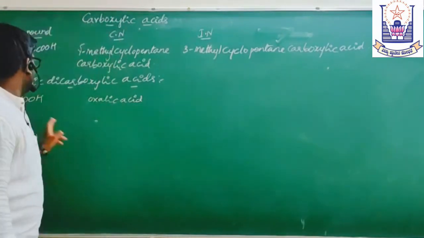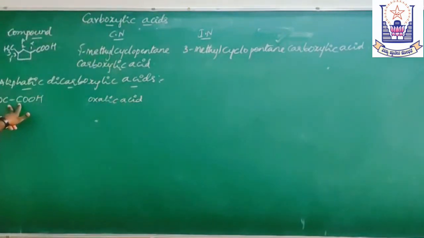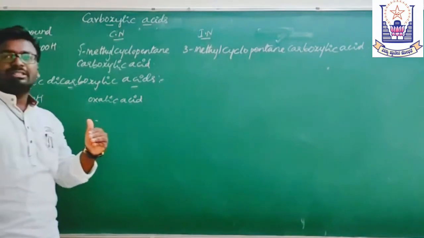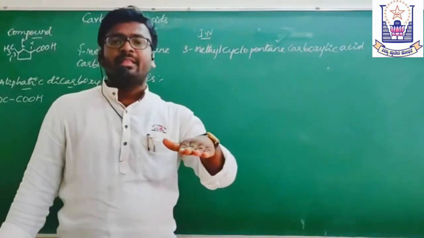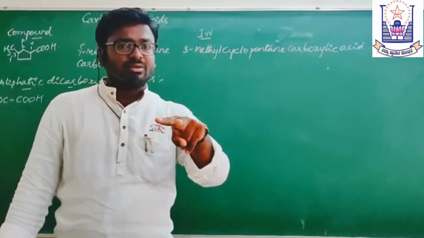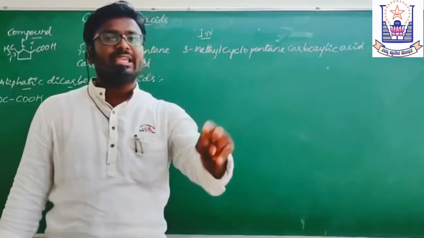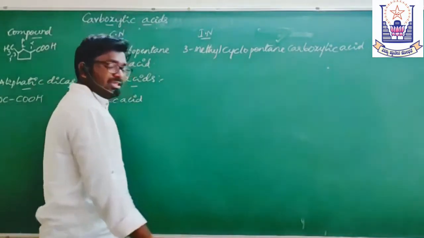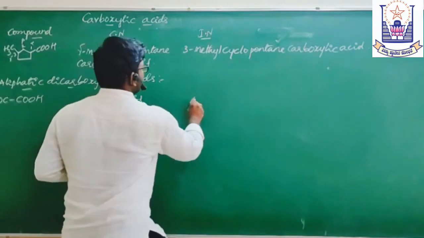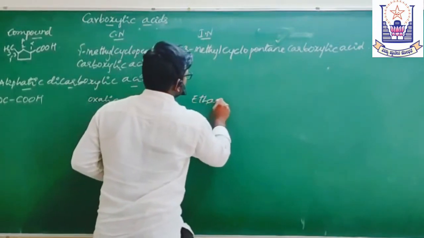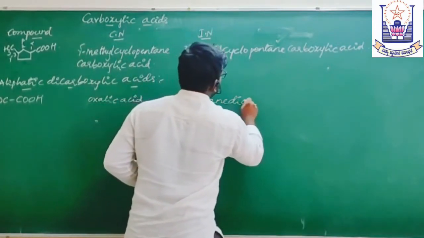Okay. Now, how many carbon atoms here? 2. Okay, and the COOH groups are present at the terminals 1 and 2. So therefore, we have to call this ethane. 2 COOH are there, no? Therefore, dioic acid. What is the IUPAC name of oxalic acid? Ethane dioic acid.